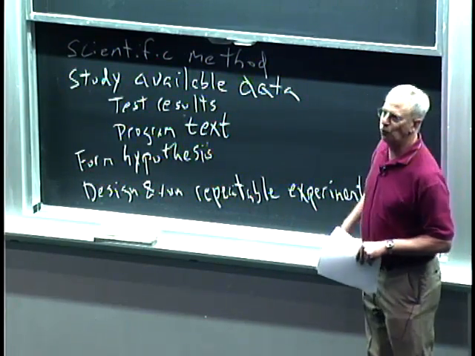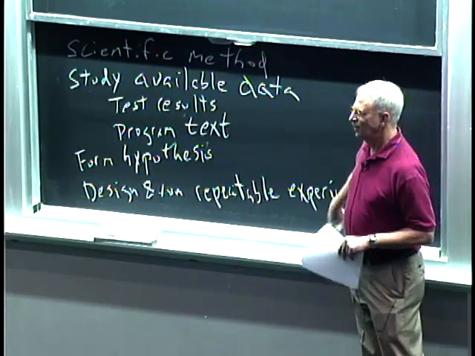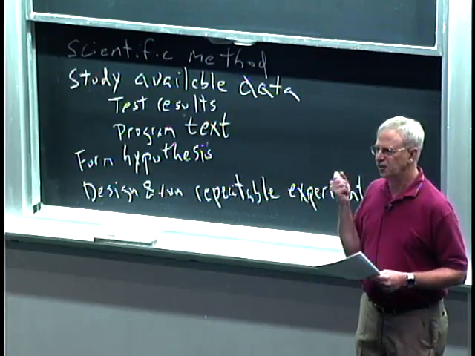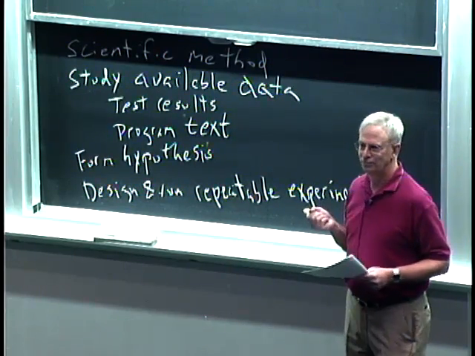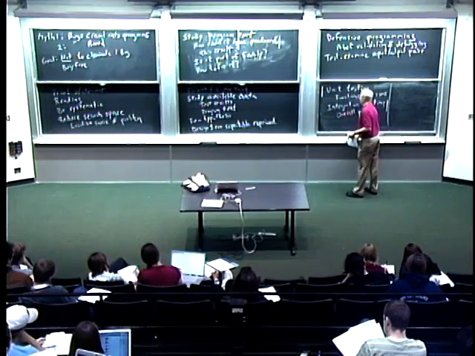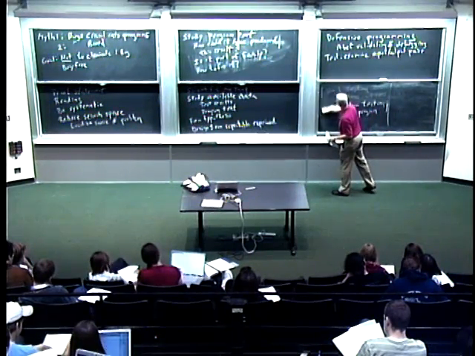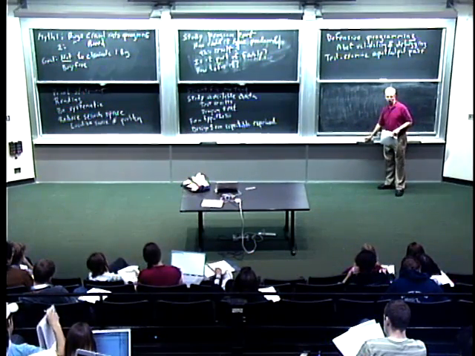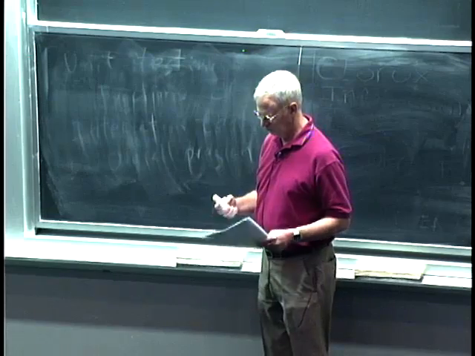Now, what is the thing we learned in high school about how to design these experiments? What must this experiment have the potential to do to be a valid scientific experiment? Somebody? What's the key thing?